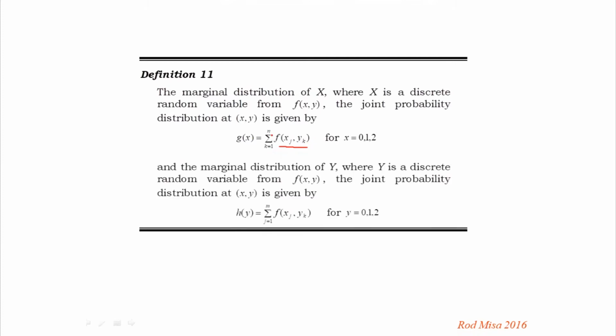And also the marginal distribution of y, where y is a discrete random variable from the probability mass function of f of x and y, is given by h of y, which is the sum of all probability values of y sub k adding across all x's from 1 to m.